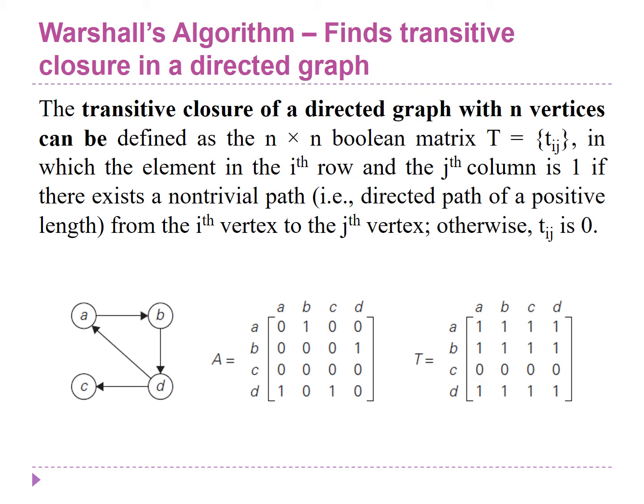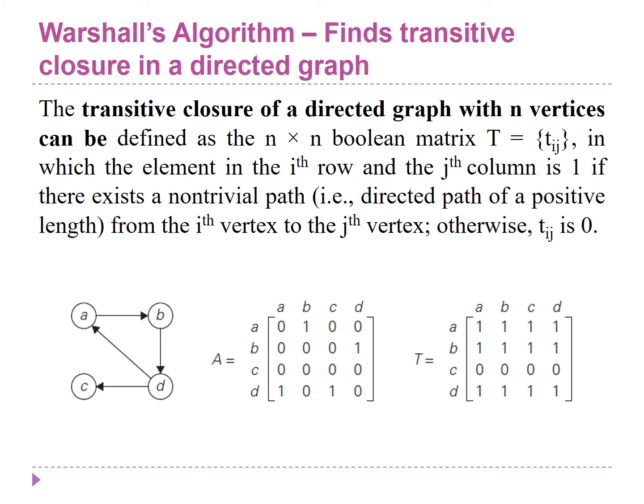And there is a path from vertex A to vertex D, which is A to B, there is a directed edge, and B to D, there is a directed edge. Hence, there is a directed path from A to D, which is represented by 1 in the Ath row and the Dth column.